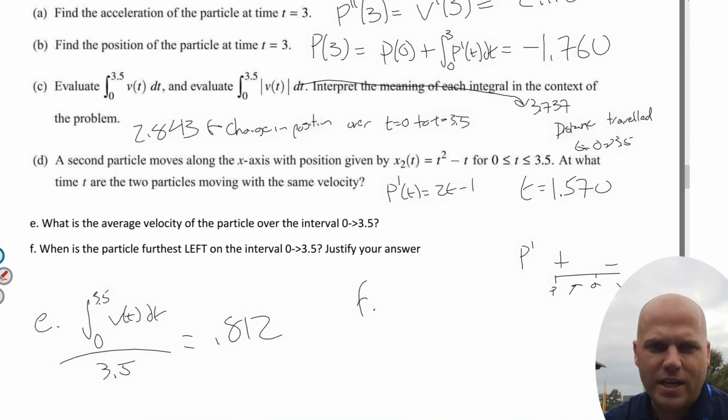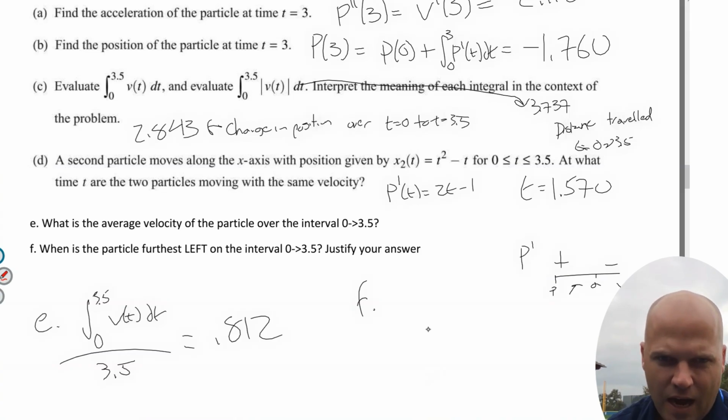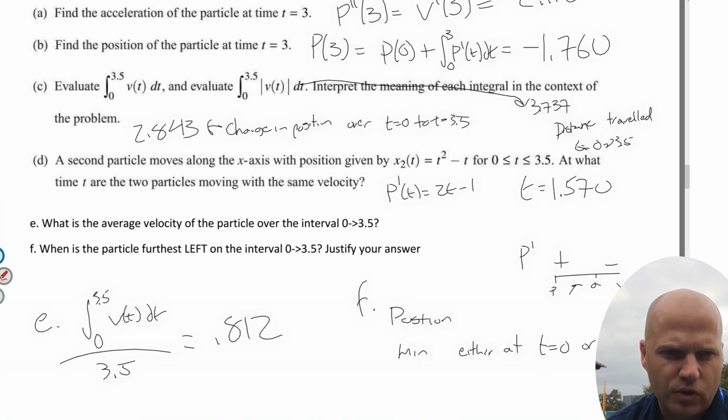My only candidates for the minimum are at the beginning or the end. I would say position is a min either at t equals 0 or t equals 3.5. And I say that because P prime is positive from 0 to A and negative from A to 3.5. I've got to find what A is.